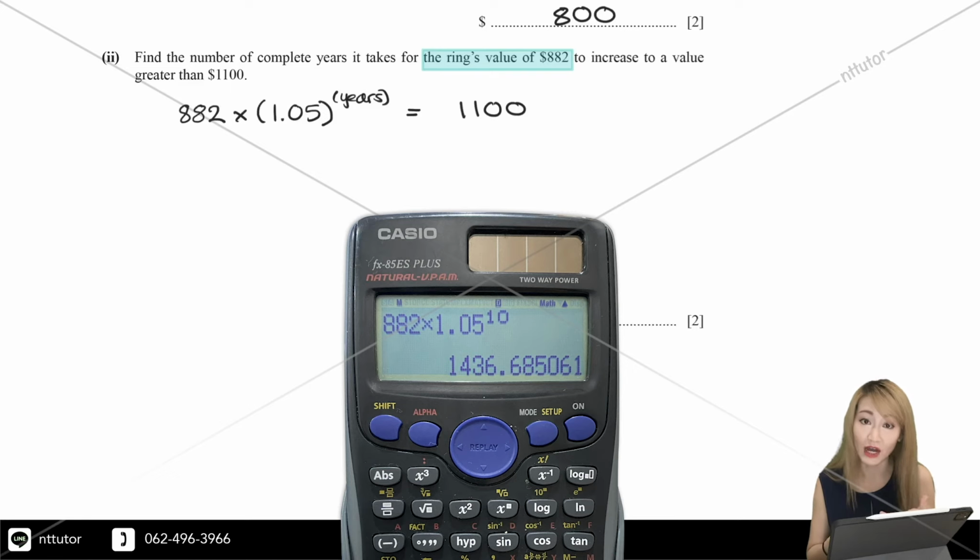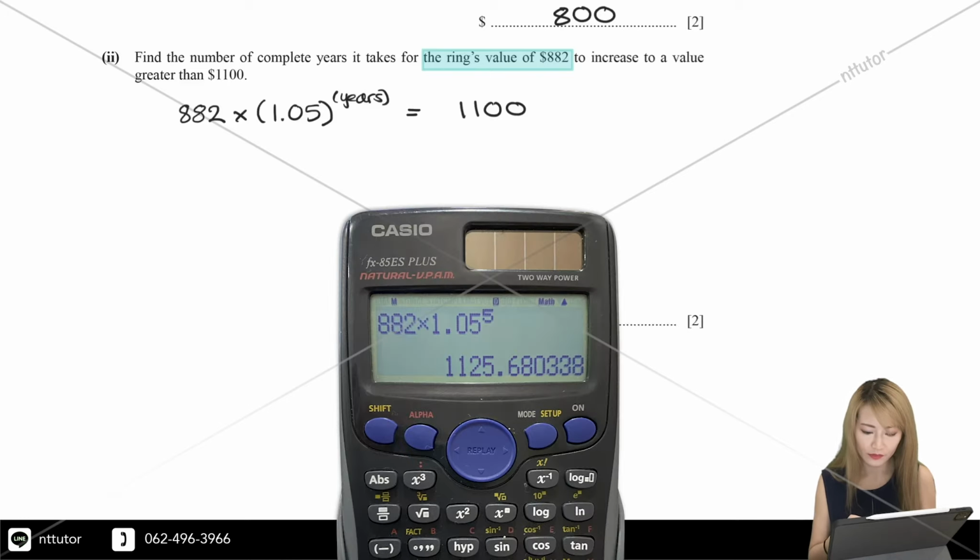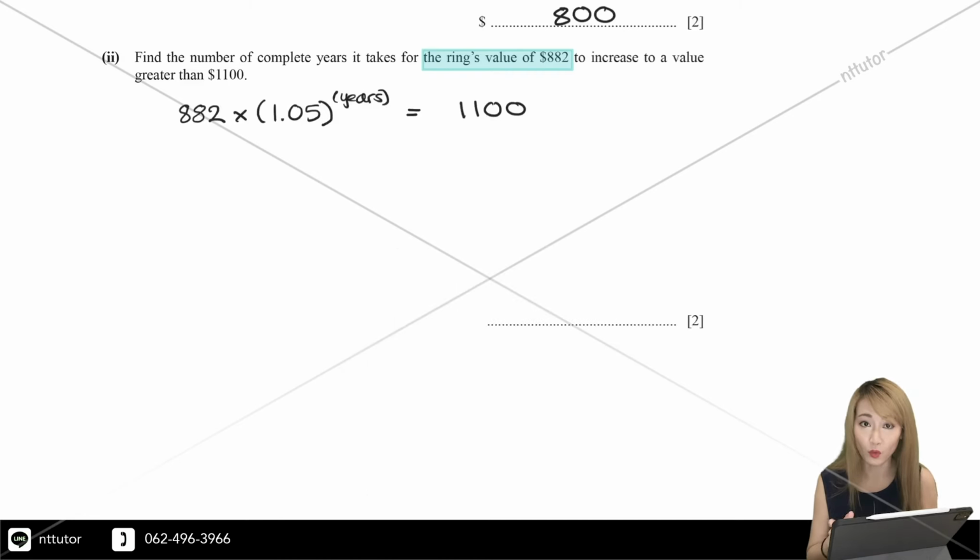Maybe I should try 5. Okay, so if I do 882 multiplied by 1.05 to the power of 5, that equals 1,125.6. So that's bigger than 1,100 already. So I'm pretty close. So let's try 4 years.